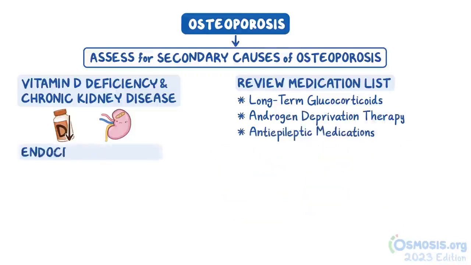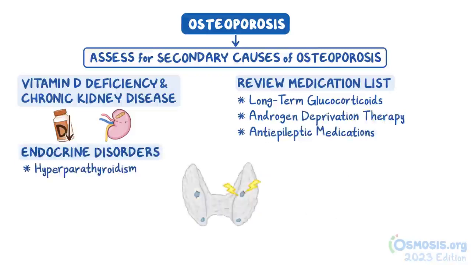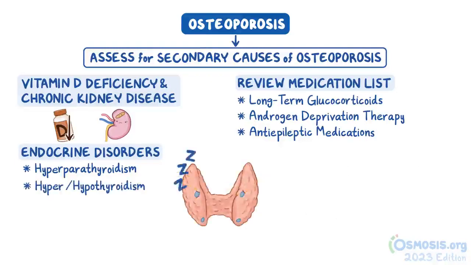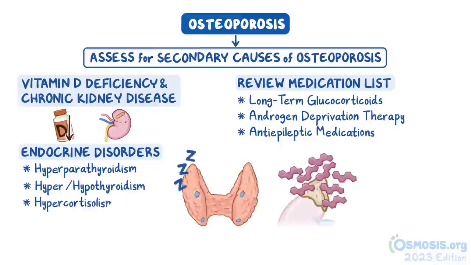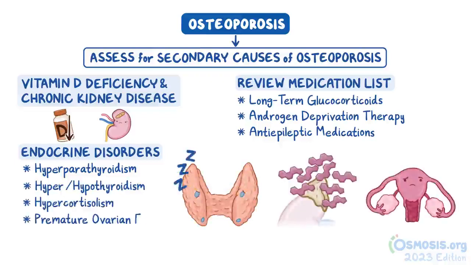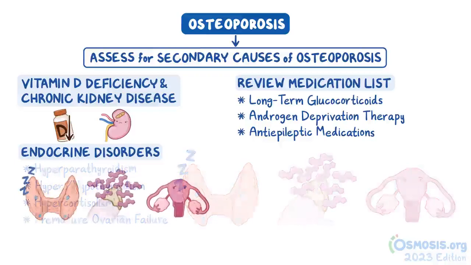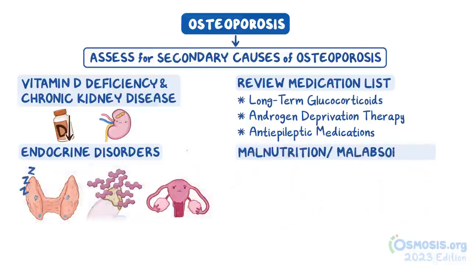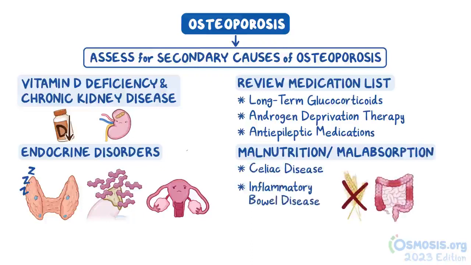Additionally, assess for endocrine disorders that cause osteoporosis, like hyperparathyroidism, hyper or hypothyroidism, hypercortisolism, as well as premature ovarian failure. Finally, evaluate for malnutrition or malabsorption conditions like celiac disease, inflammatory bowel disease, or a history of gastric bypass.